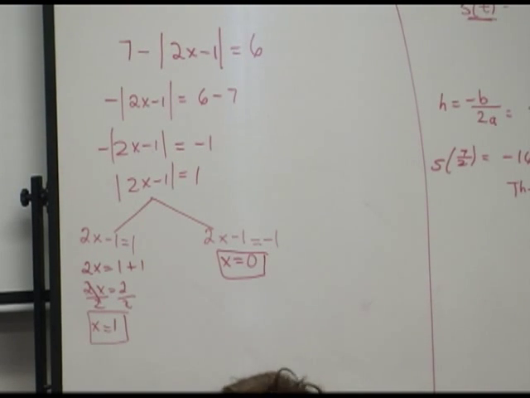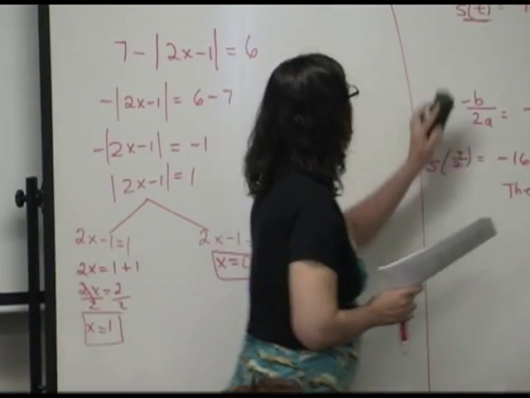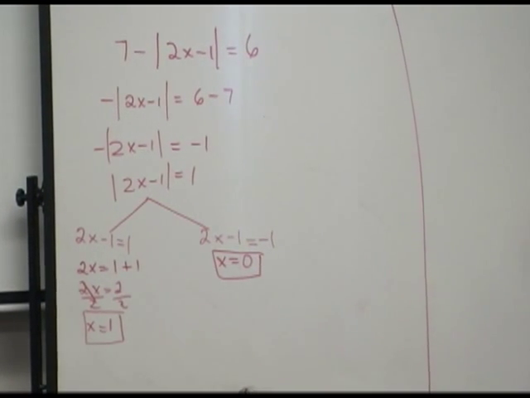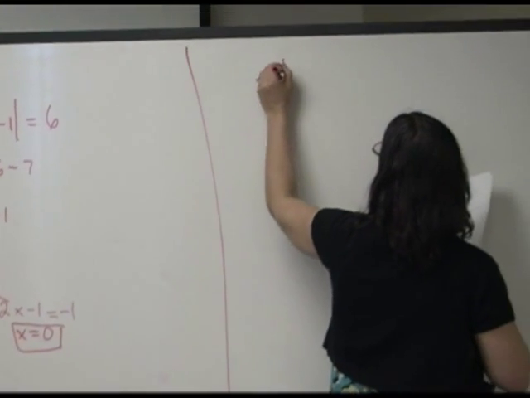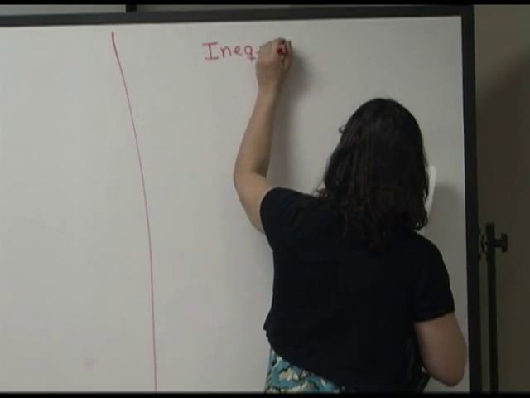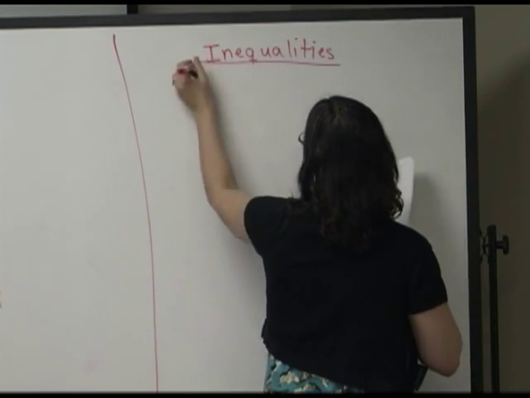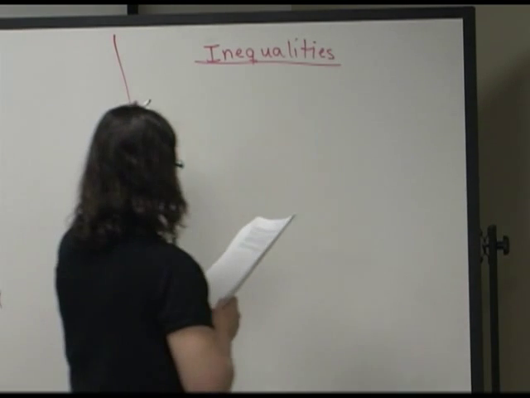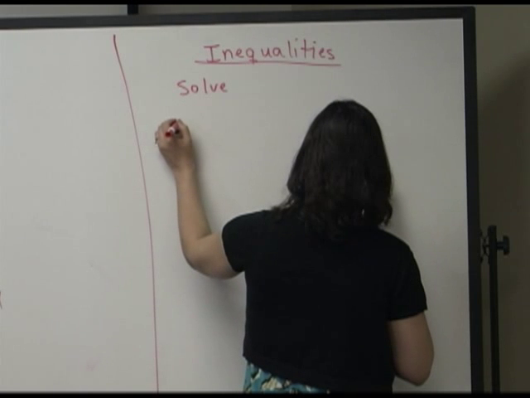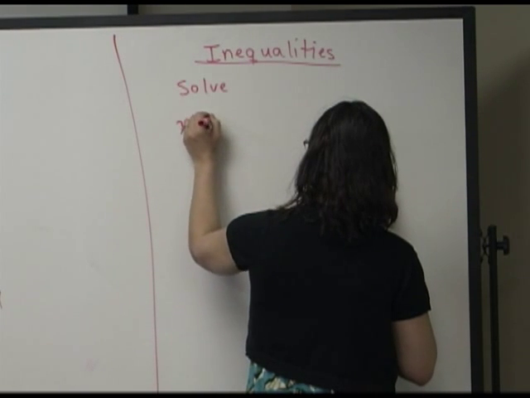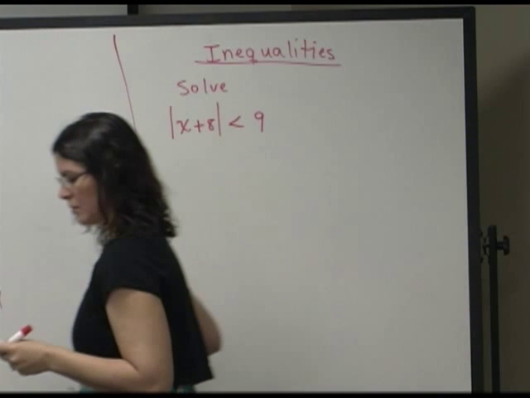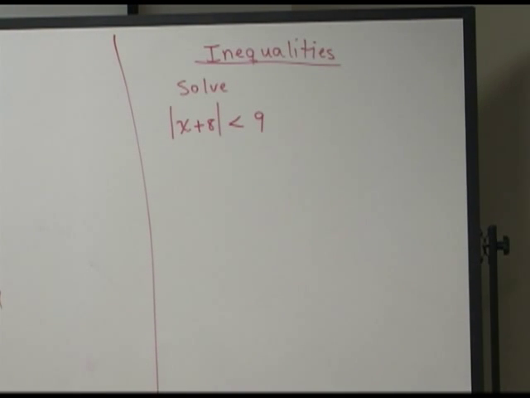Now let's talk about inequalities with absolute value. Basically, inequalities with absolute value, we transform them into compound inequalities.